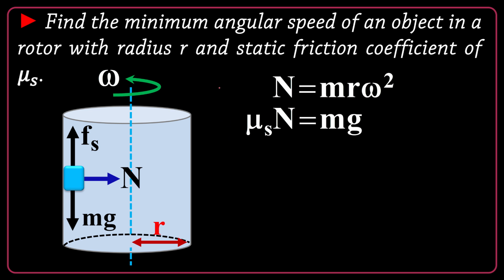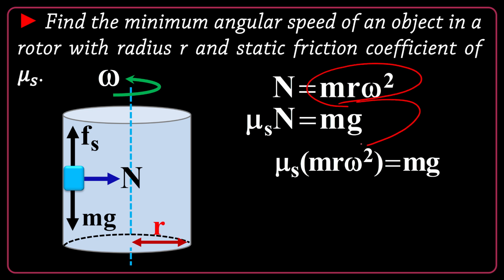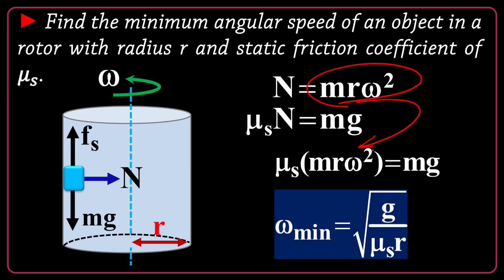Okay, let's continue. Here I substitute n with m r omega squared, and then the minimum omega, you know that here we have implicitly supposed that it's the minimum omega. Less than that, normal force is not enough. So minimum omega is going to be the square root of g over mu s r. Less than that, it's not safe to use this rotor.